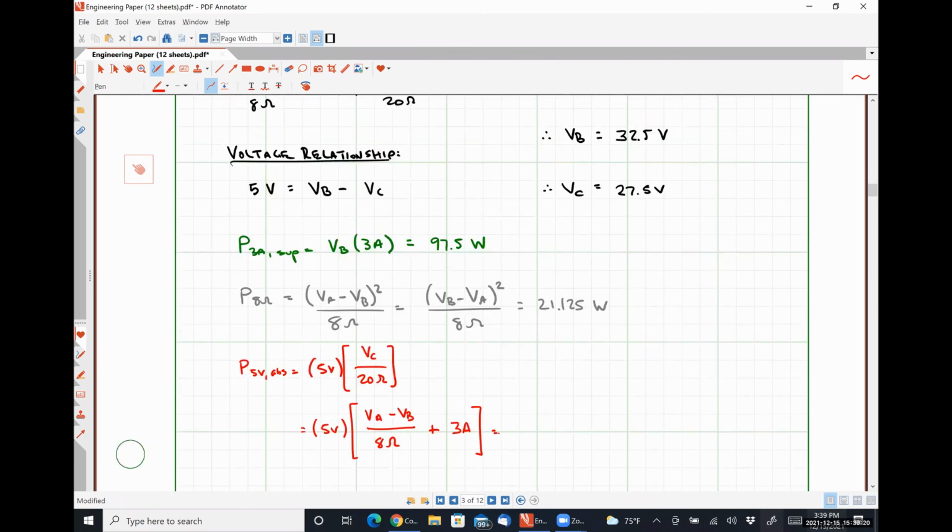So take a moment, throw these guys into your calculator, and make sure that the answers are the same, because if they aren't, something's broken. So in both cases, I get positive 6.875.